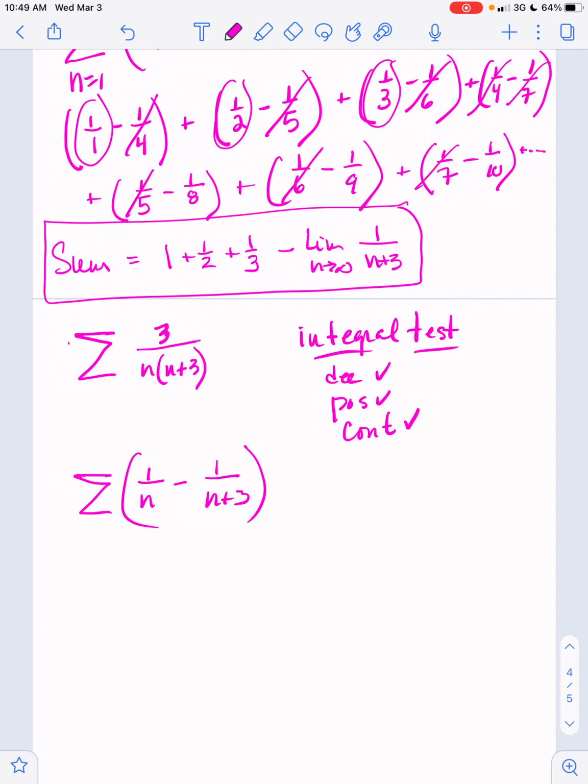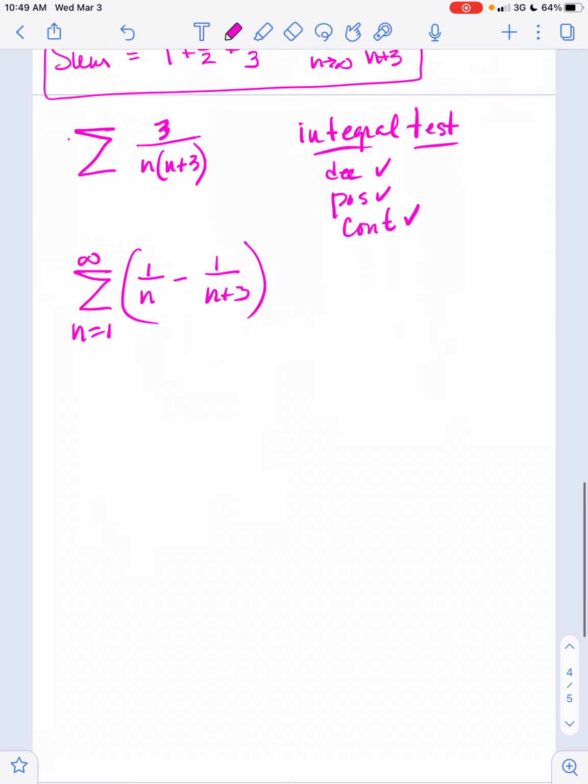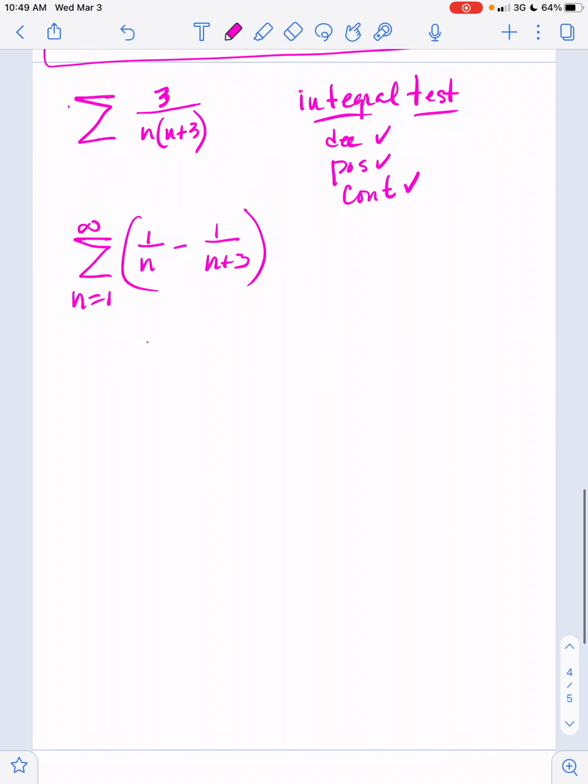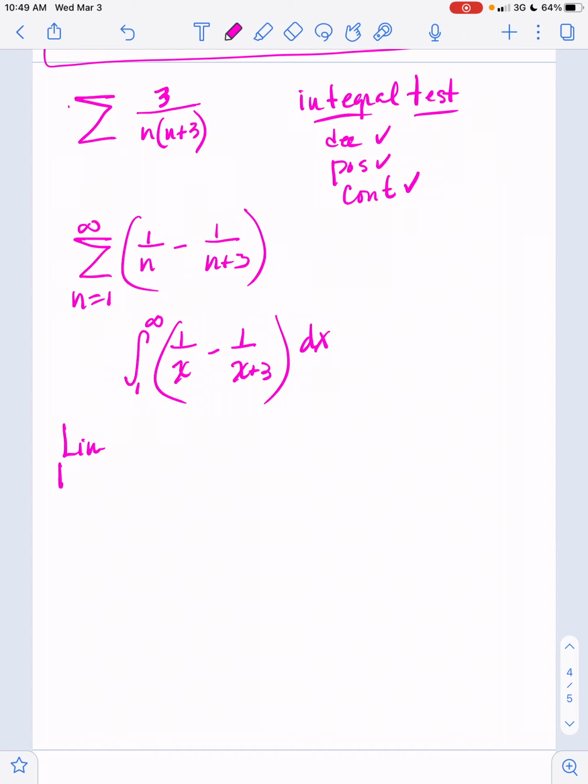So let's rewrite it and pretend I don't recognize this to be a telescoping series, and I want to integrate. 1 to infinity, 1 over x minus 1 over x plus 3 dx. And they're pretty basic in terms of the antiderivative, right? It's just du over u. So I'm going to take the limit as b approaches infinity, 1 to b.